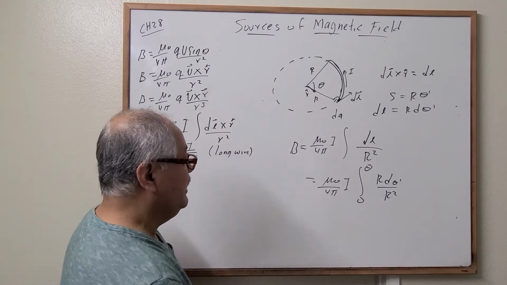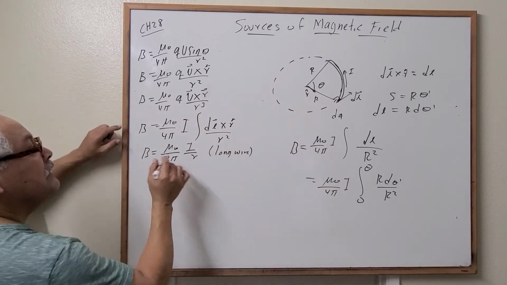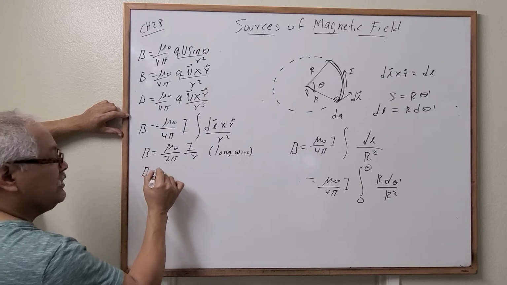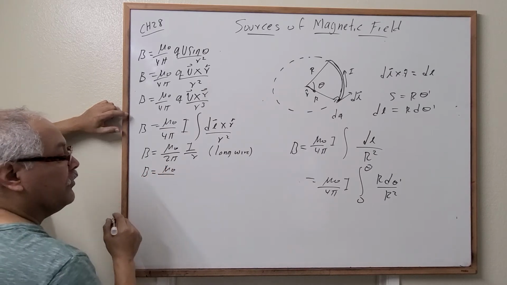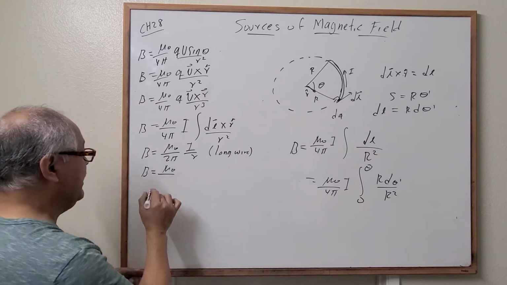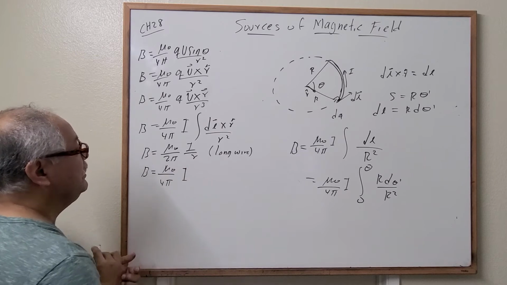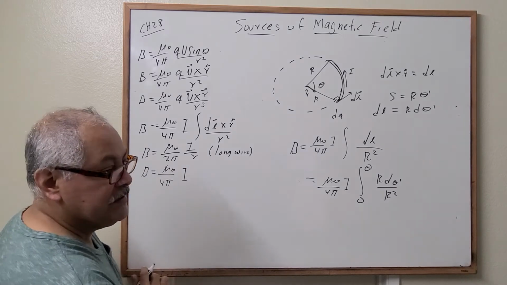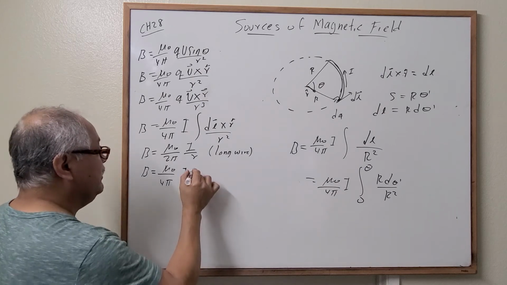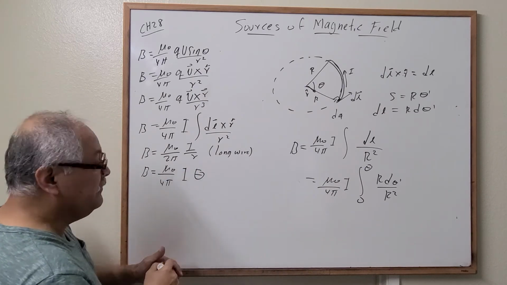Okay, great. And then what do we have at the end for this arc or circular path? We have that B is equal to mu naught over 4 pi, times the current, times the angle theta in radians divided by r.